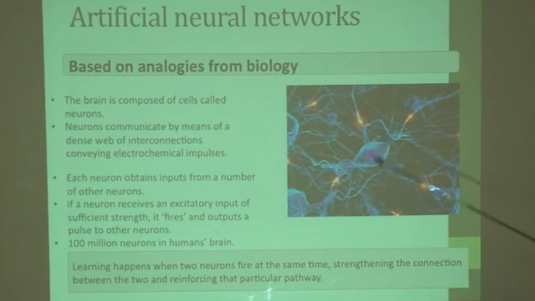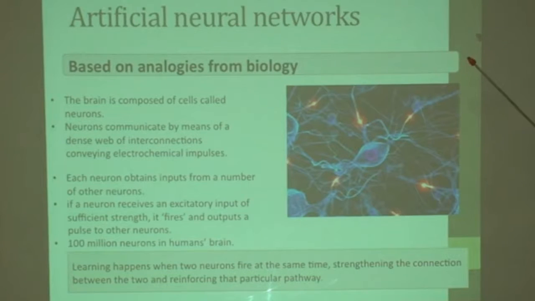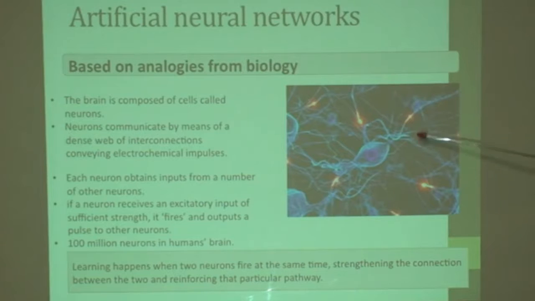Each neuron can obtain input from a number of other neurons through these connections. If a neuron receives inputs of sufficient strength, it will fire and pass its output to other neurons. Here, the red one is perhaps the fire that this neuron generated and delivered to another neuron.